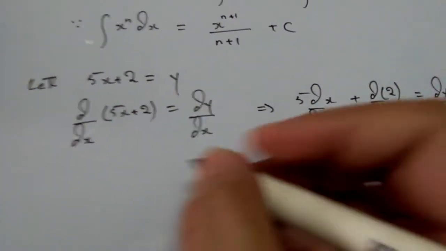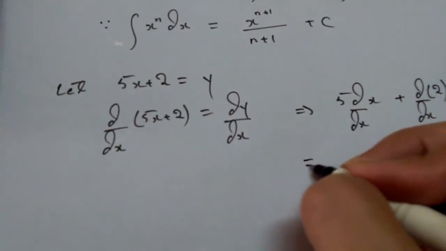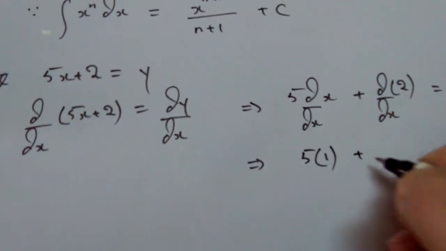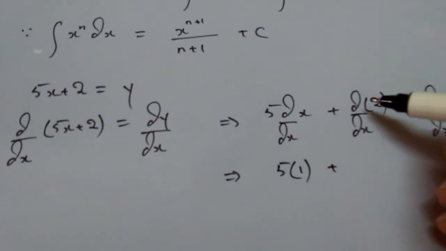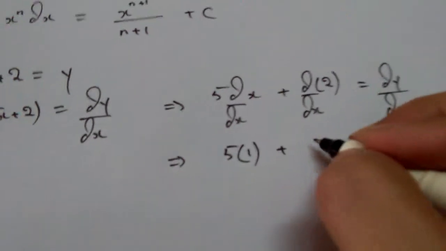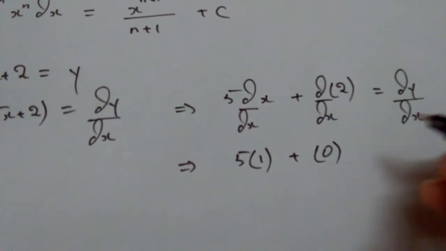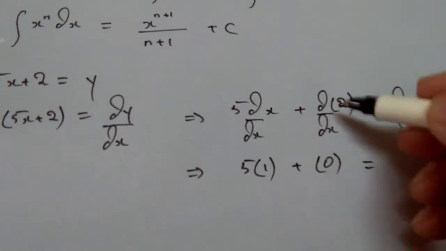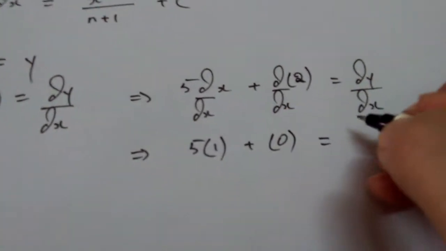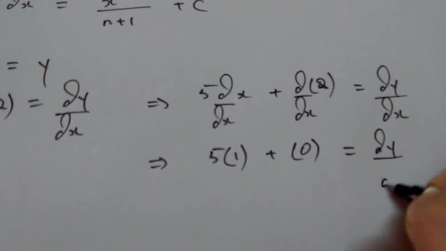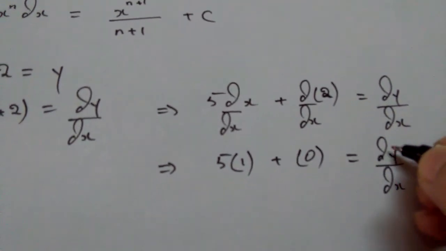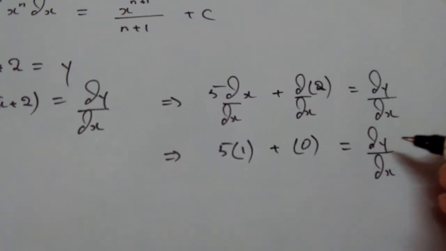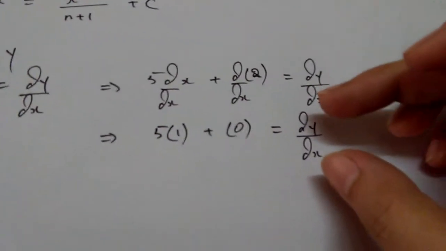So let me write below: it comes out to be 5 into 1. And remember that the derivative of a constant number always comes out to be 0, because the rate of change of a constant is nothing but 0. This is a constant number 2, so its derivative is definitely 0. So dy by dx is written as it is, because y is a totally different variable with respect to the variable involved in this differential operator, so it cannot be differentiated. That's why it is written as it is.